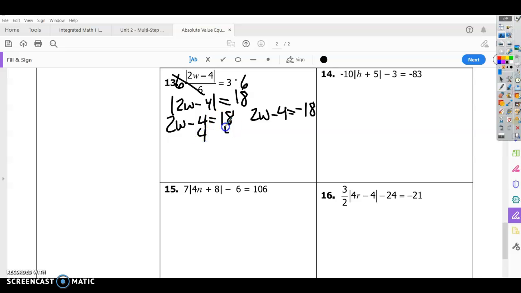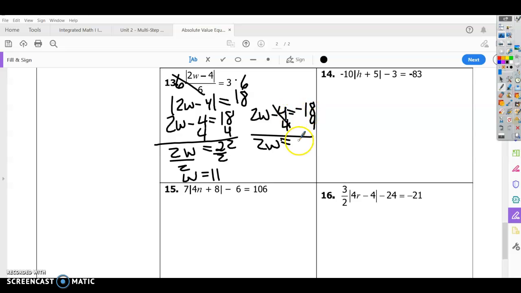I'm going to add 4. 2w equals 18 plus 4 is 22. And w equals 11. I'm going to add 4 to this side as well. Negative 4 and plus 4 cancel. 2w equals negative 18 plus 4 is negative 14.